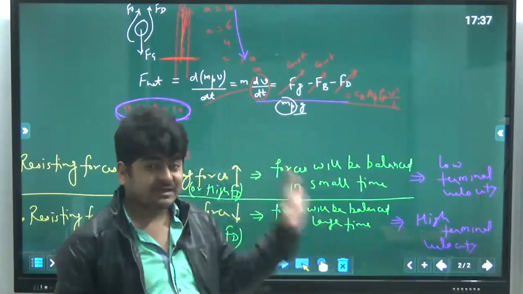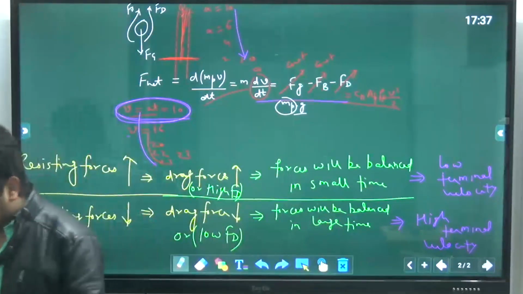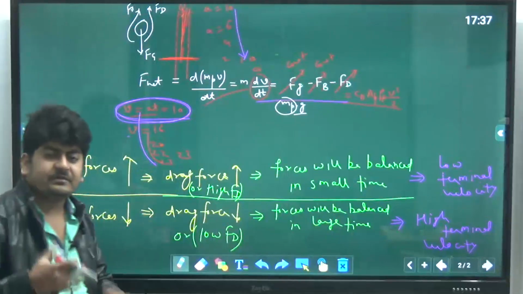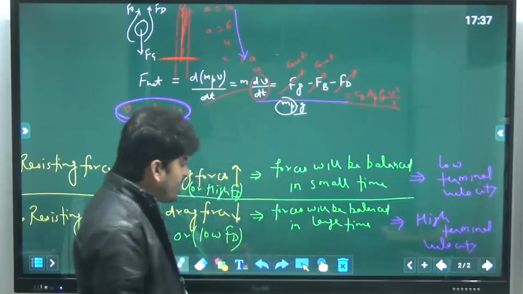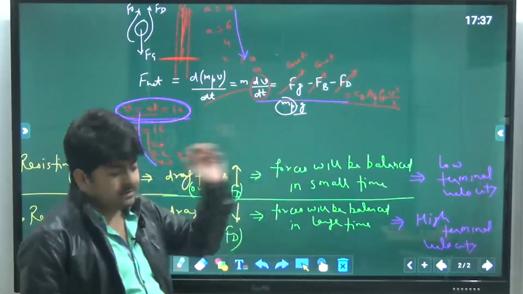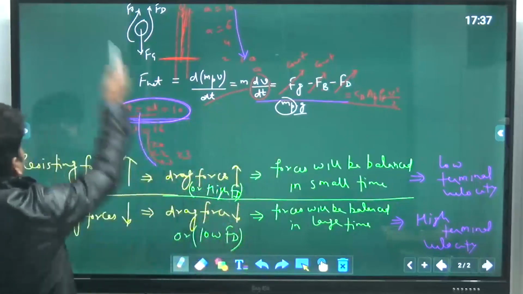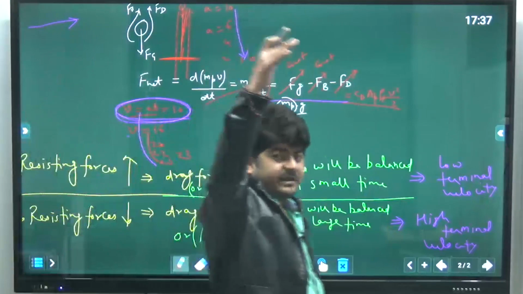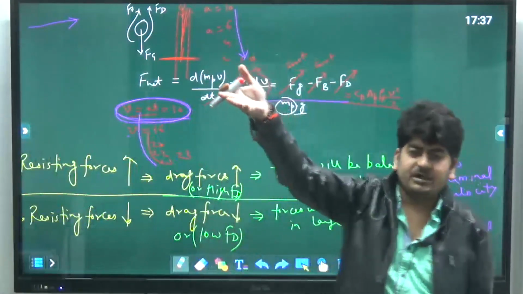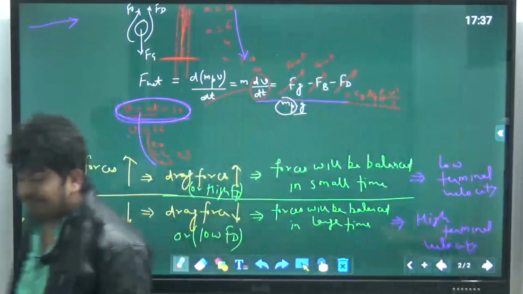Now let's try to understand the same logic in a different way, in terms of drag force. Okay, I hope you must have studied the same in fluid mechanics as well, but let's have a look over here. Suppose there is a person who went for skydiving. He is in the plane and jumps from a height of 18,000, 20,000 feet.